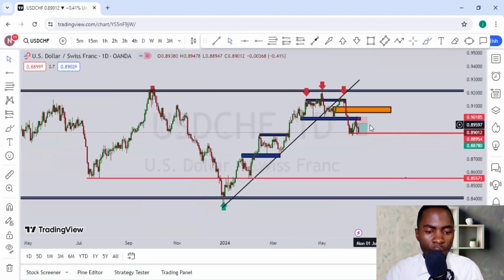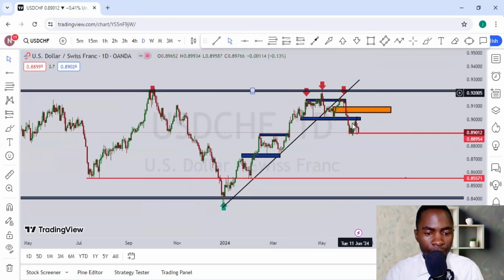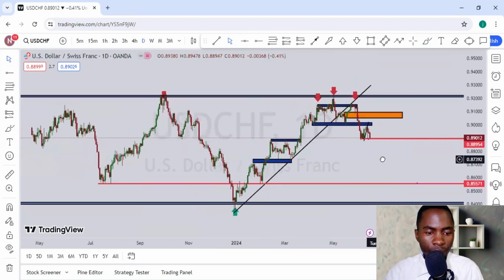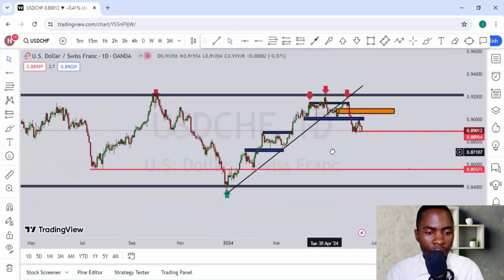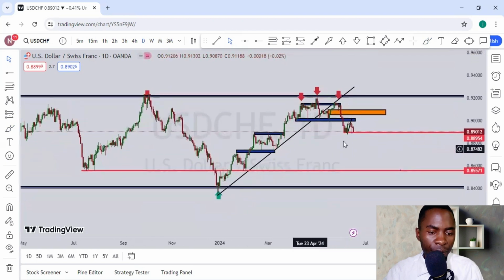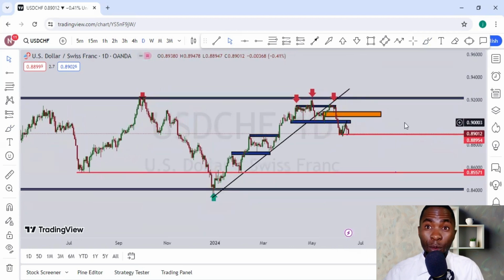So that's only what I'm expecting to see on USD CHF. But so far so good. The pair is building itself. I'm just waiting for a more sensible pullback, so that I can enter that trade.